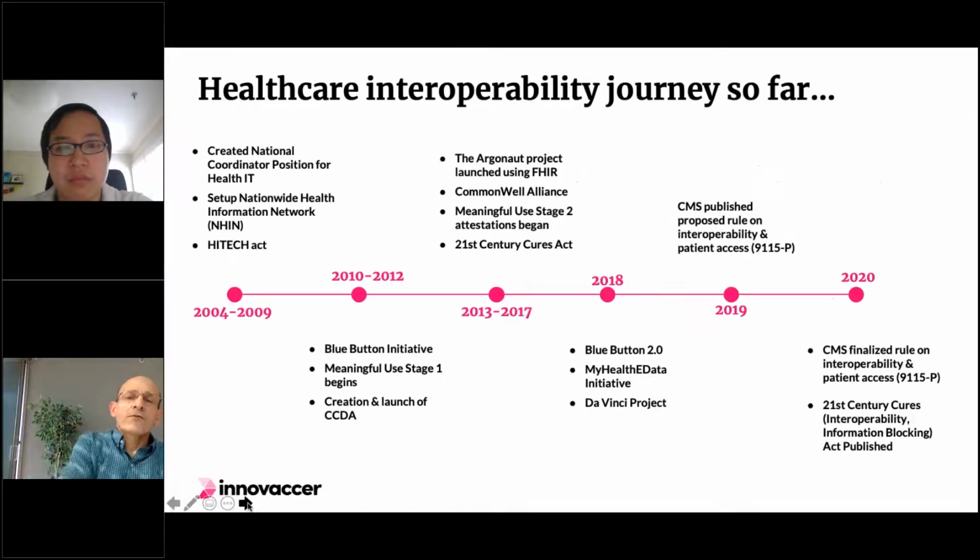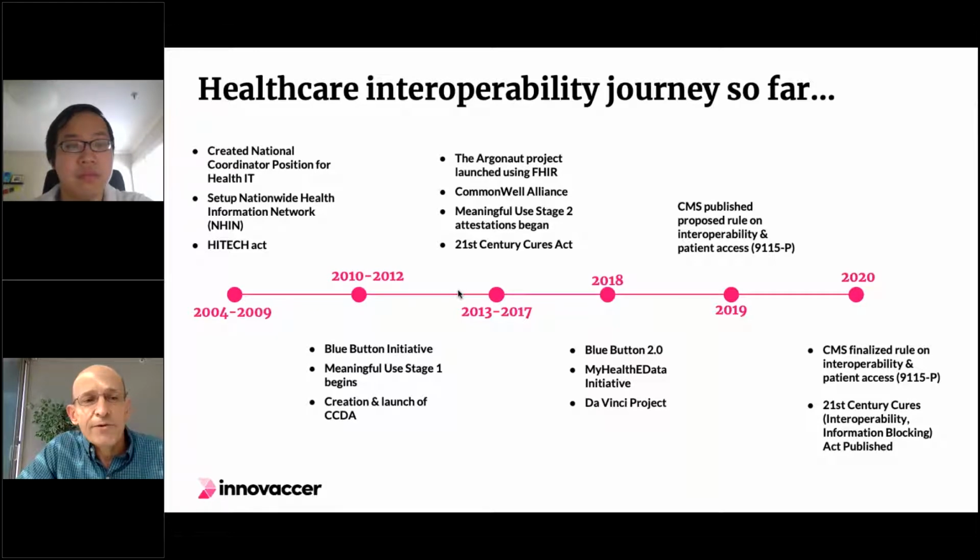So let's start off with a brief review of the history that got us here about interoperability. We started creating a national coordinator position back in 2004 in the government, which is now the Office of the National Coordinator, ONC. We tried to talk about setting up a national health information network, and then the HITECH Act was passed right as we plunged into recession.